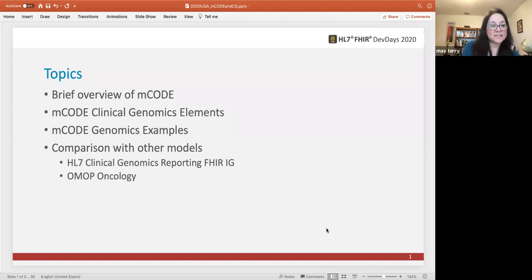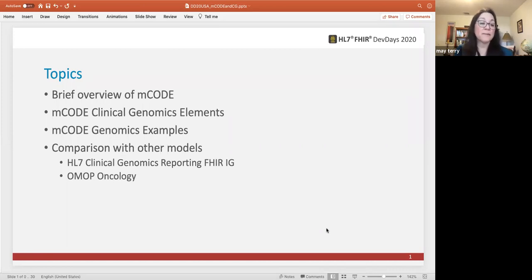So for the topics today, we're going to start with a brief overview of mCODE because there may be a number of attendees here who are not familiar with the minimum common oncology data elements. Since this presentation is about the clinical genomics elements, we're going to dive a little bit deeper into that. Go through some examples of how certain genomics-related elements are represented in mCODE.